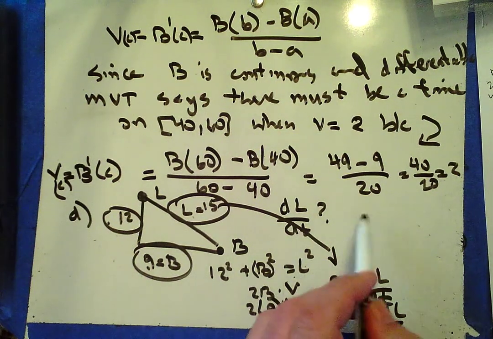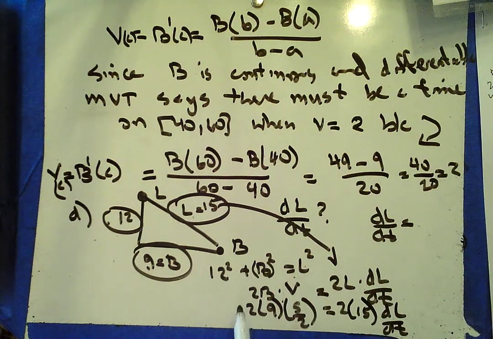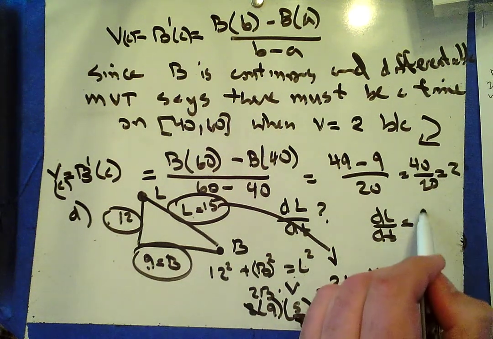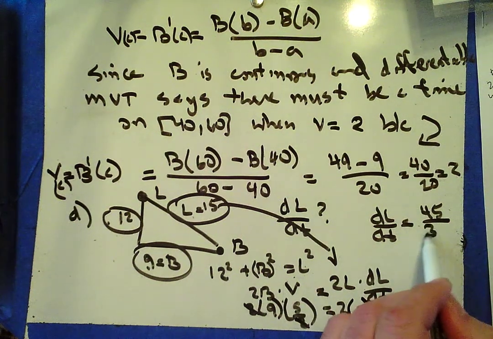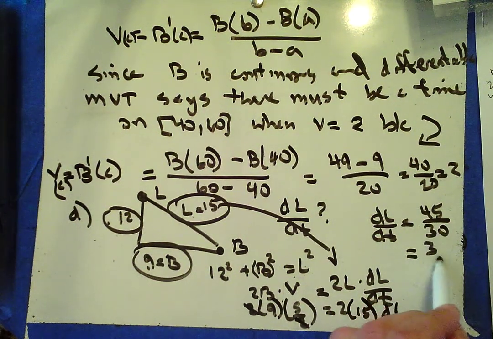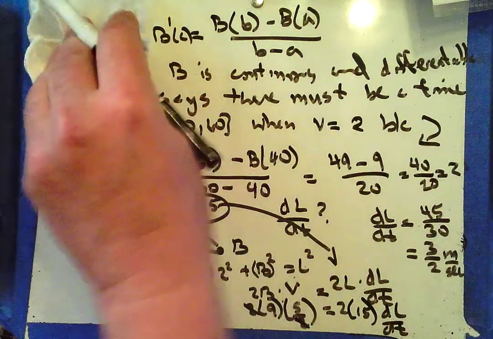So then dL/dt is going to be, these 2's cancel, 45 divided by 30, or 3 halves. And I guess we should put some units here. These are meters per second. Okay, there's part D for problem number 2. Let's move on. See what problem number 3 looks like.